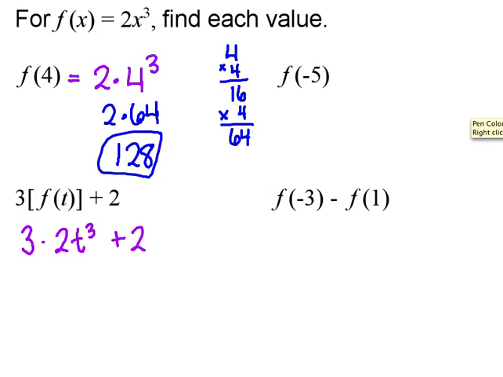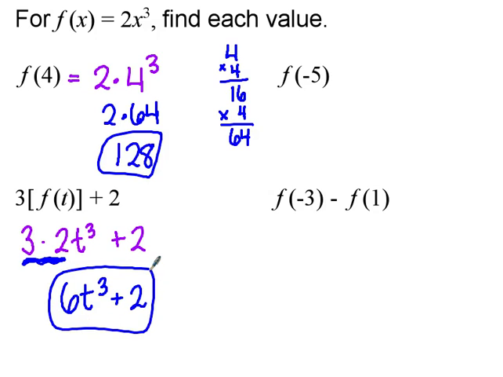There's one operation, one thing you can do now. What can you do? Times the 3 and the 2, and what do you get? So really, your answer is going to have a variable in there, and that's okay. Alrighty, the f of negative 3 minus f of 1 is just like the one we looked at previously. You're going to subtract the 2.